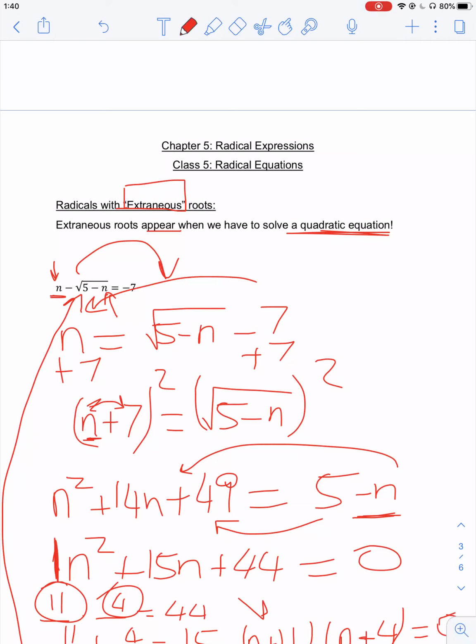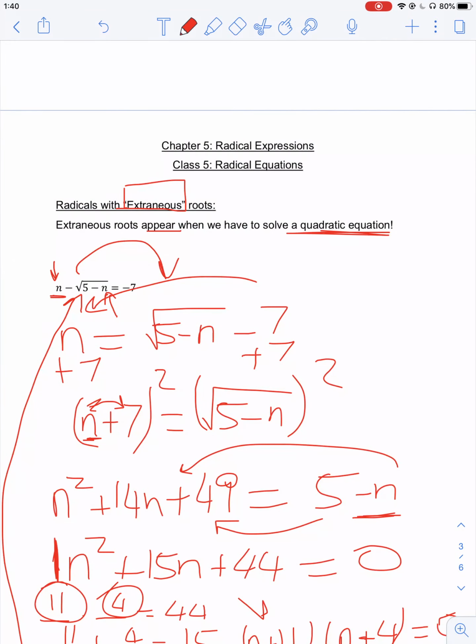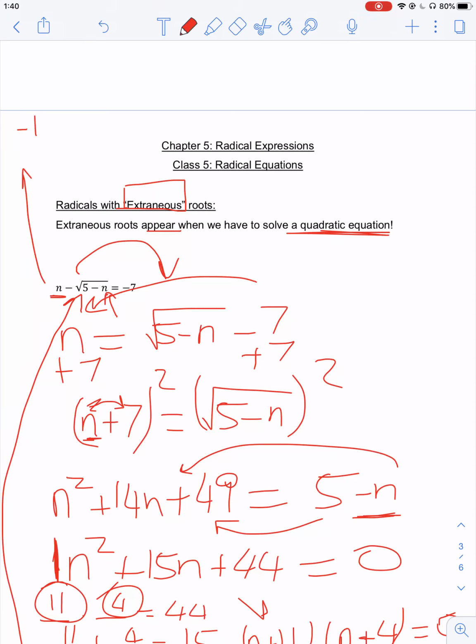If I plug in minus 11, I get minus 11 minus the square root of 16.